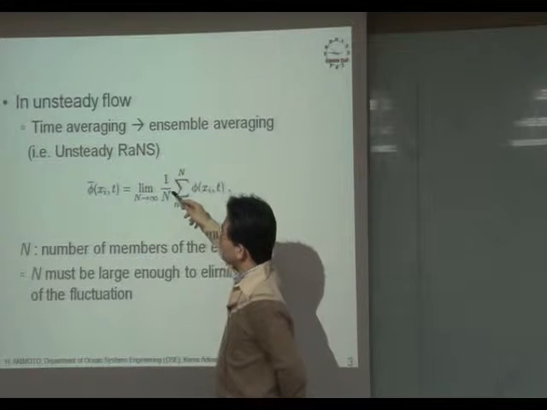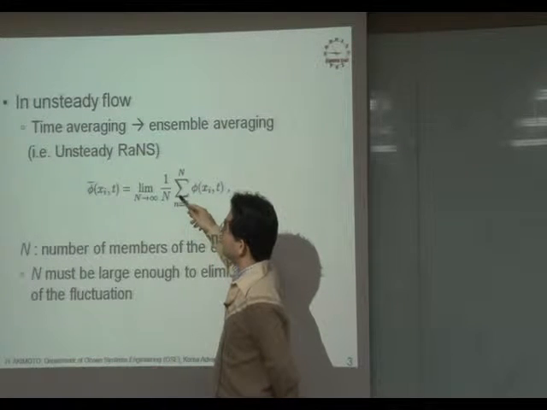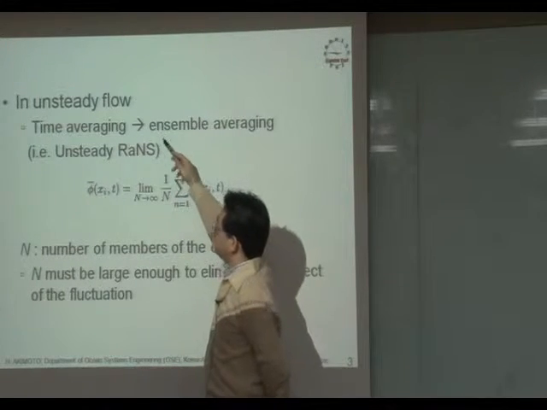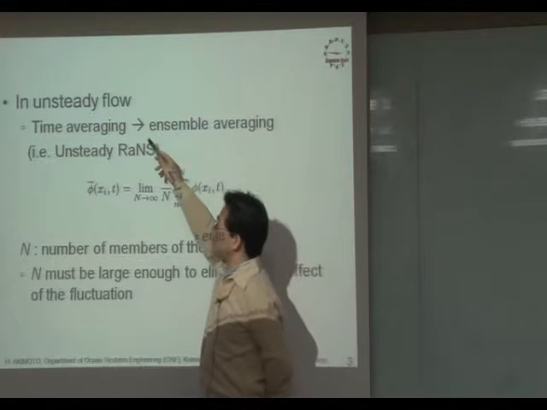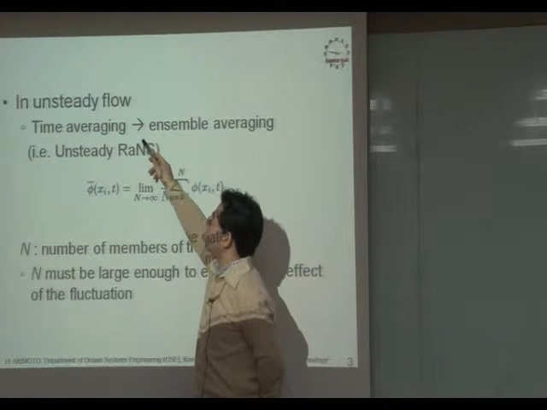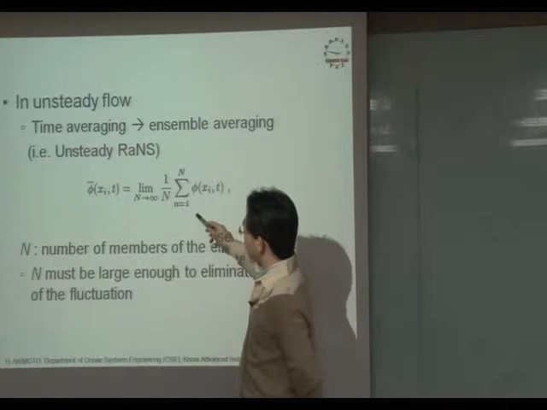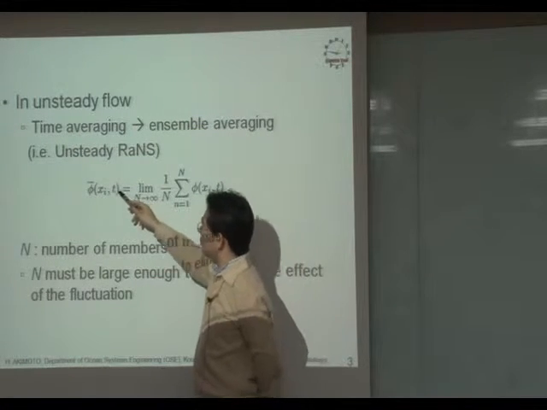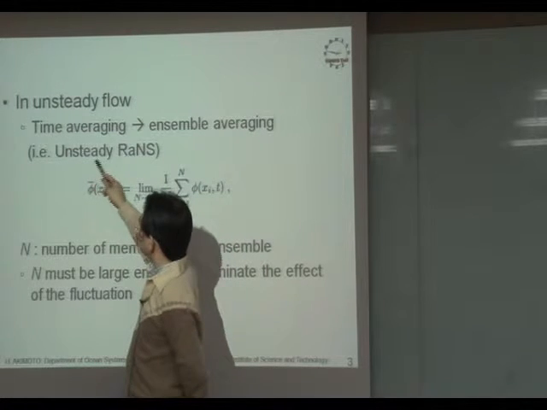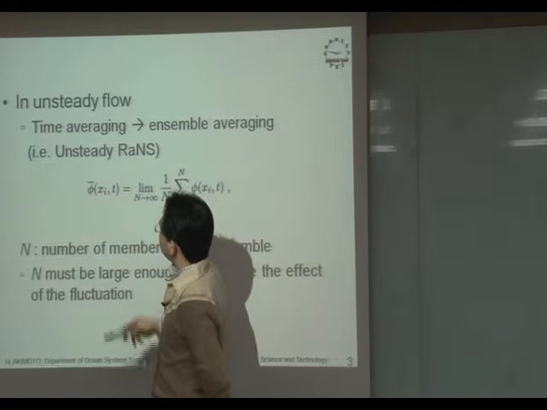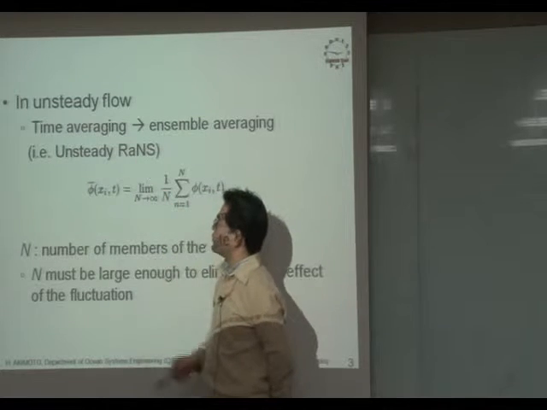So the situation is written like this. In unsteady flow, we will change the basic idea of time averaging to ensemble averaging. So it can be called unsteady Reynolds averaged Navier-Stokes equations.